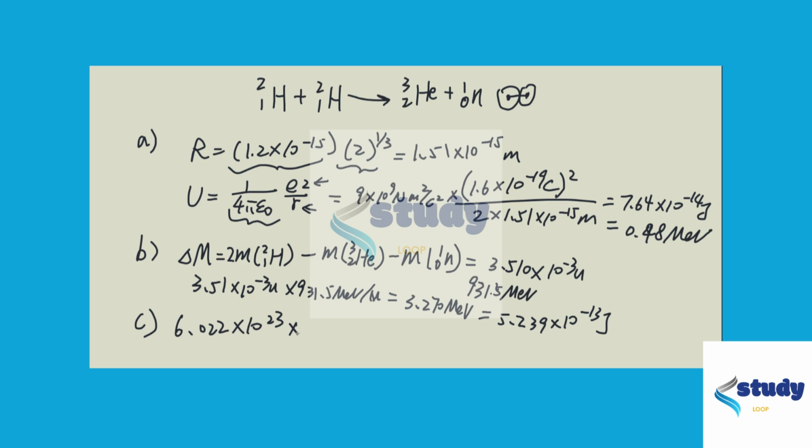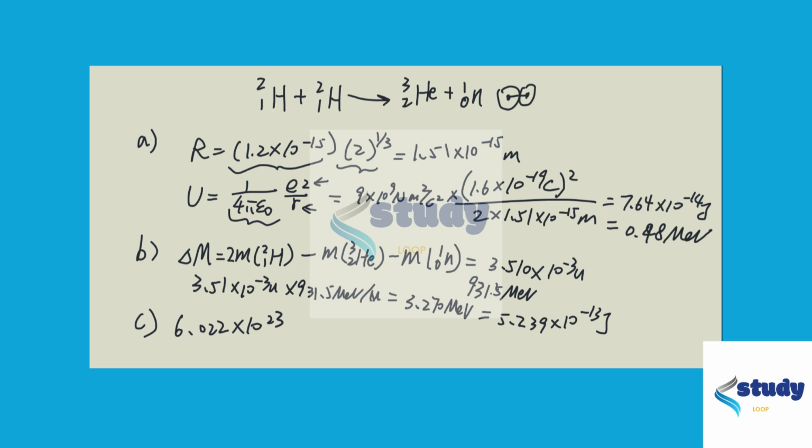So let us compute the amount of energy per mole. For each reaction, we have 2 hydrogen nuclei. So each mole of deuterium has 6.022 times 10 to the 23, that's Avogadro's constant, that many molecules, and that's the same number of pairs of molecules.